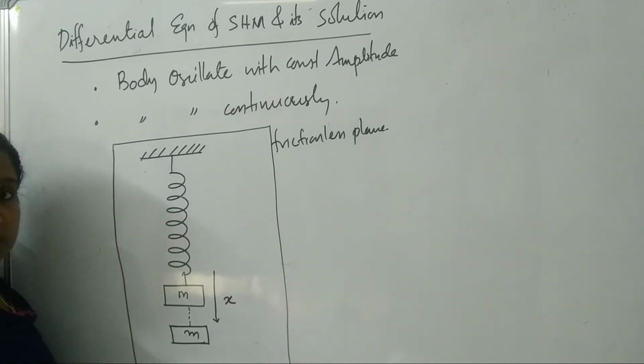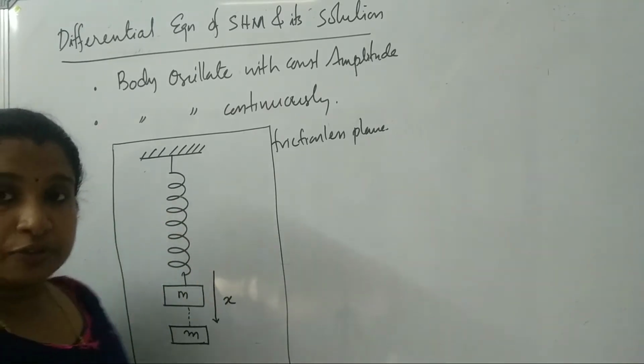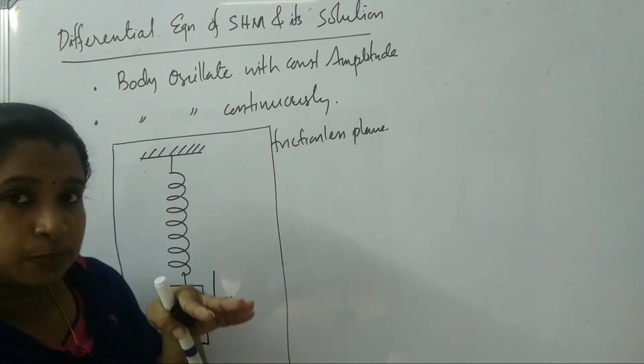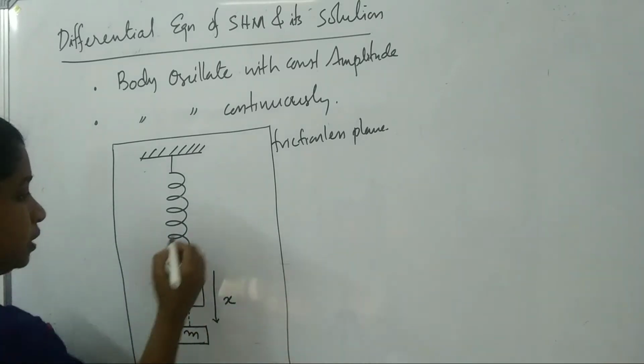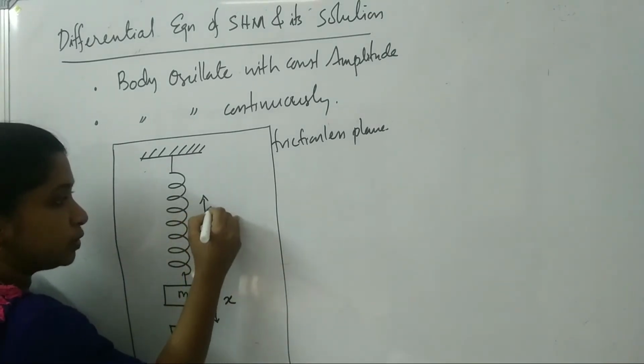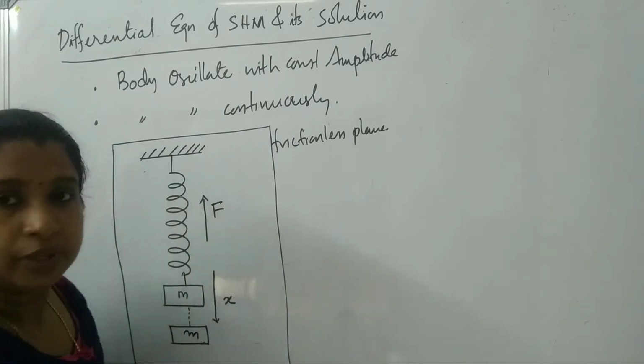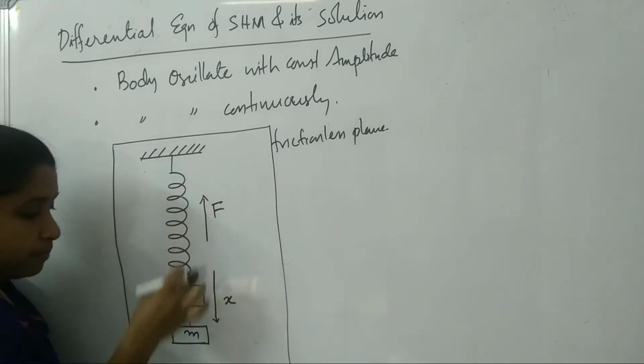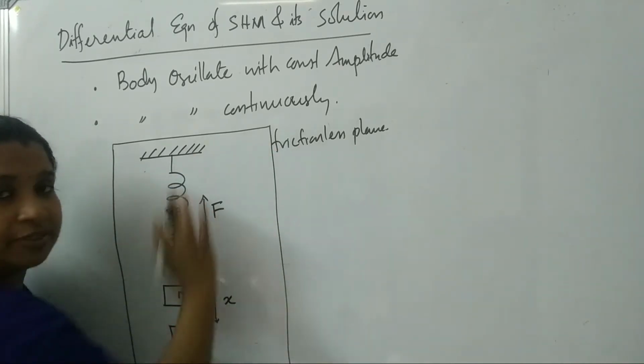What's the tendency of the spring? The tendency of the spring is to compress. So the force acting on the spring is in the upward direction. Here we consider a spring mass system kept in a frictionless plane.